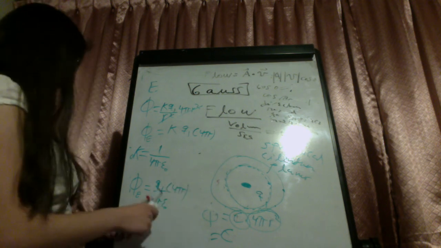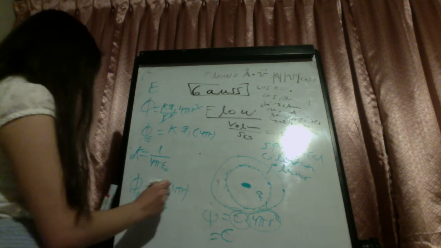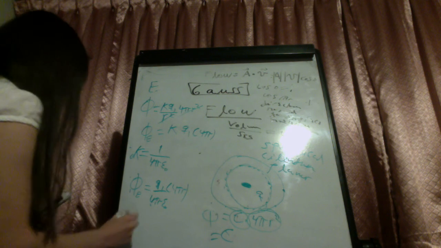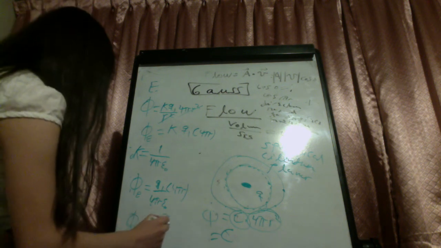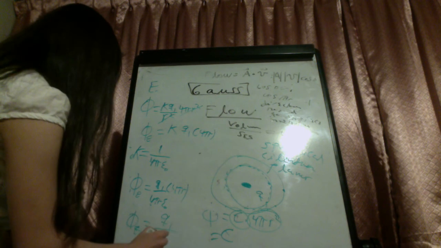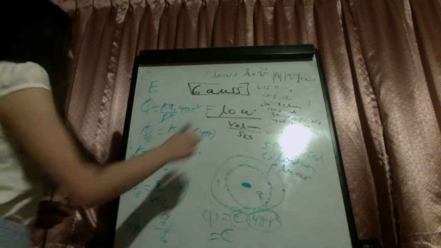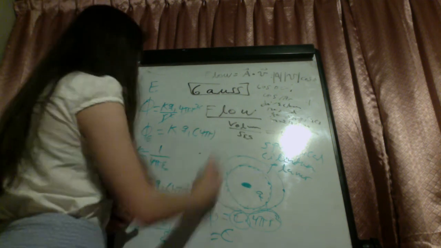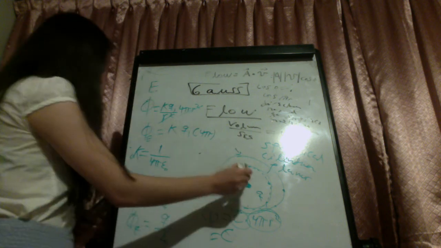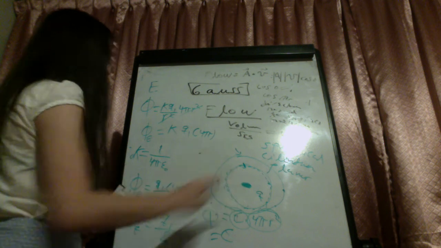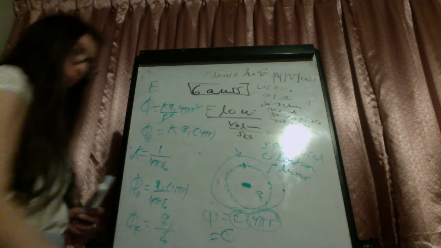So I cancel the 4 and pi, and I have that the flux is equal to Q1 divided by epsilon naught. That means that the flux through this surface, wherever this sphere or this sphere, is just the charge that is inside divided by epsilon naught.